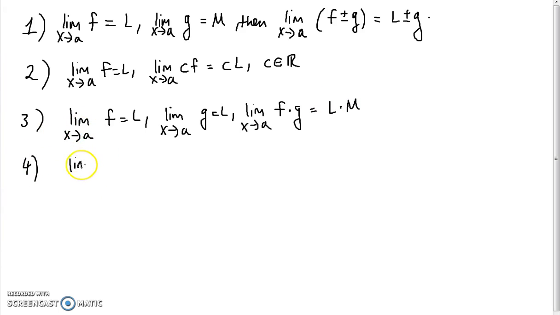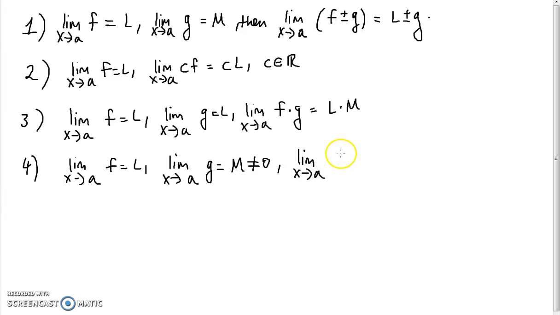4. If, again, the limit as x approaches A of f is equal to L, and the limit as x approaches A of g is equal to m, and m is not equal to 0, then the limit as x approaches A of f divided by g is equal to L divided by m.